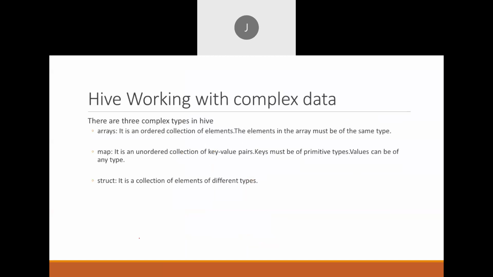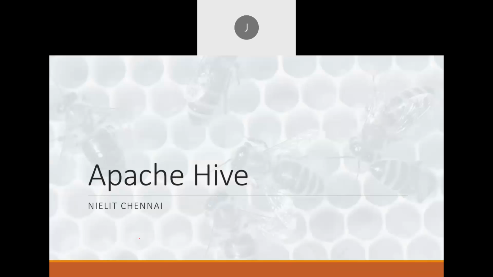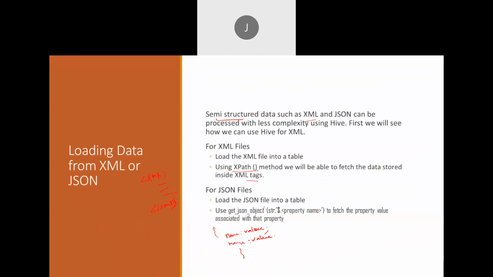Okay, Hive working with complex data types. So till now it is clear. What we are seeing here is how Hive tables can be created, like an external table and an internal table, and what kind of data Hive can work on, structured and semi-structured data. Semi-structured data like JSON and XML can also be loaded into your Hive table, and you can write processing.